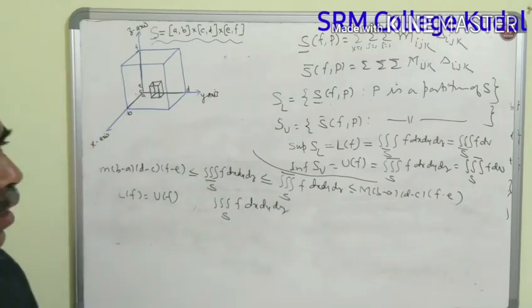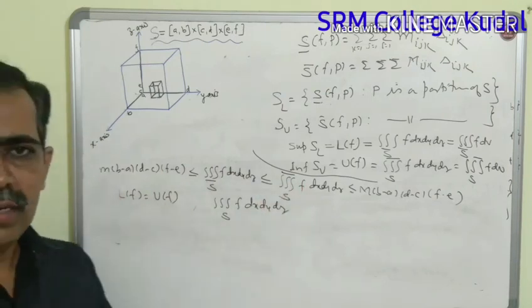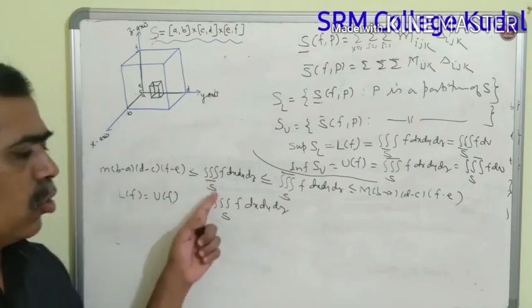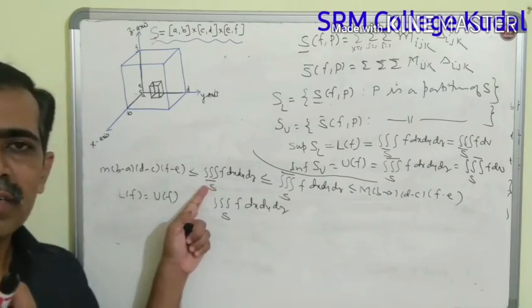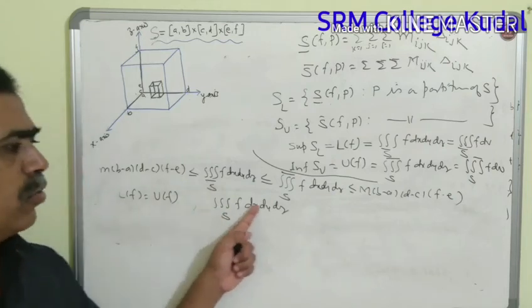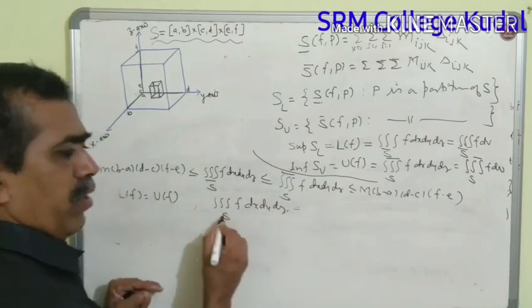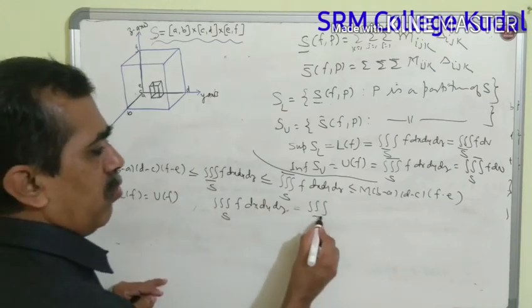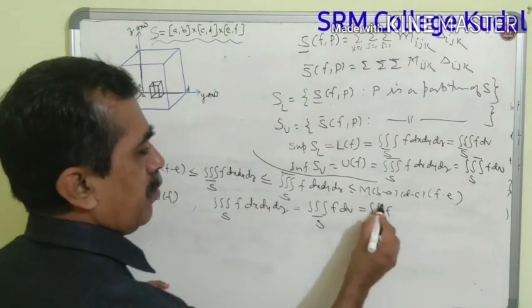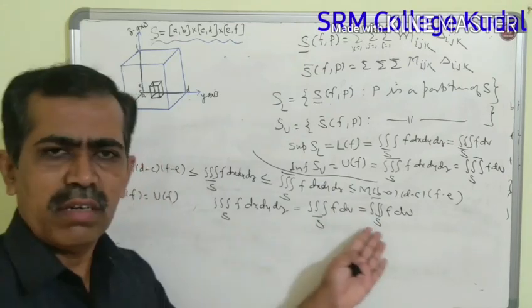Once again, if L of f is equal to U of f, we say that f is integrable, or Riemann integrable, or triple integrable over a cuboid S, and the common value is called the triple integral of f over S, denoted by this notation. Thus I may write the triple integral of f over S is equal to the lower integral of f, which is the same as the upper integral of f over S. You write either dx dy dz or dV anyway.